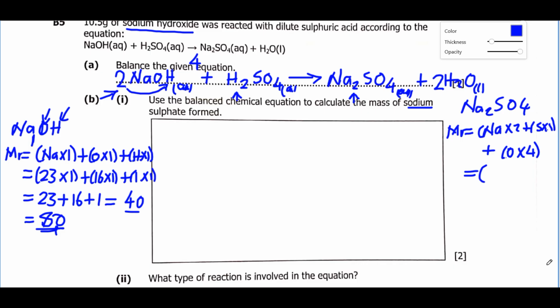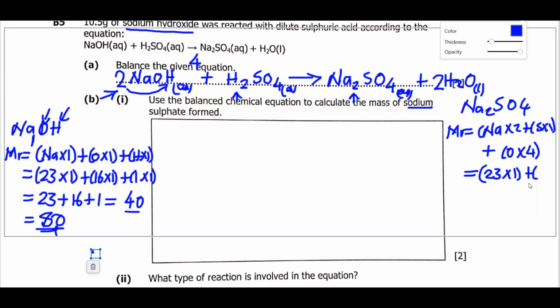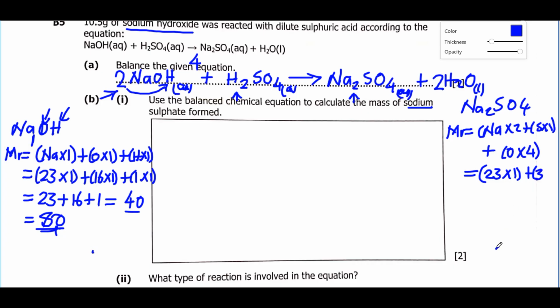So sodium is 23 times 2, plus sulfur, 32 times 1, plus 16 times 4. 16 times 4 is 64.